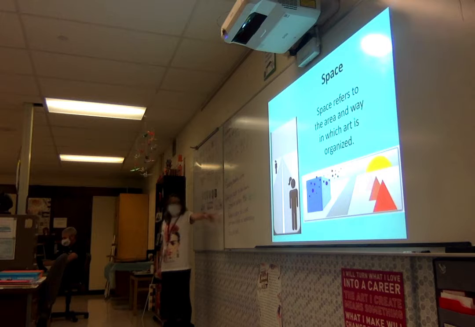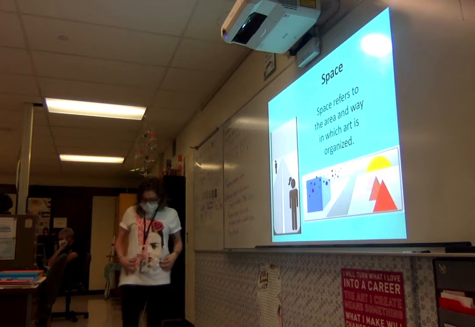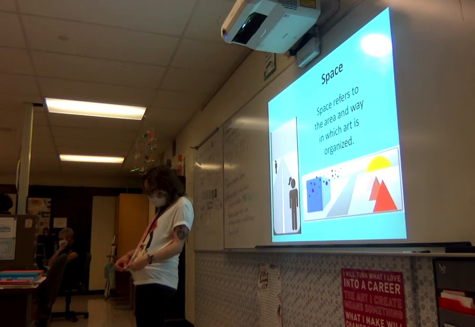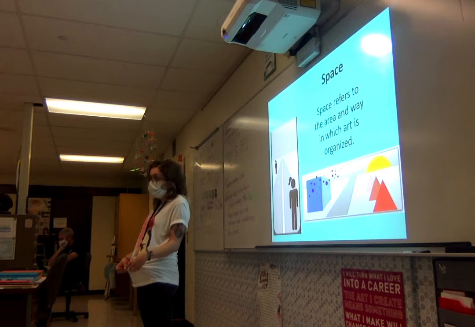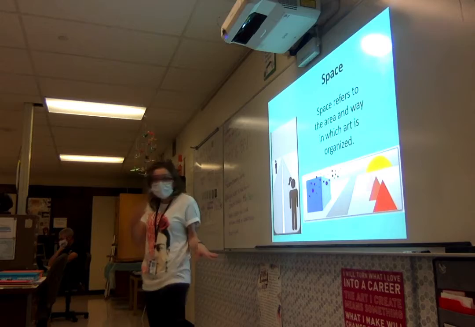But between the E and the X, the negative space creates an arrow. So that would be the negative space, is the background. So if we're looking at my shirt, the positive space is the words and half of her face. The negative space is all the white in the background.